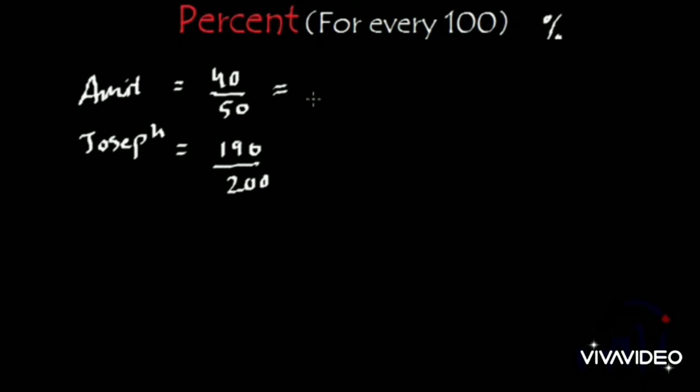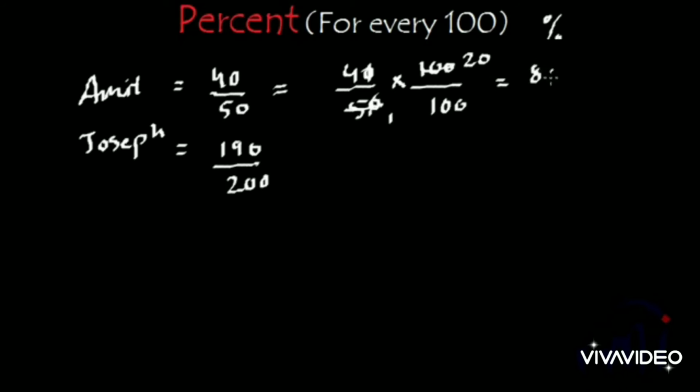Suppose this was out of 100, then we can easily get whose result is better. So we will convert it into a percent by multiplying and dividing by 100 in the numerator and denominator. From here we can get how much percent of marks Amit is getting.